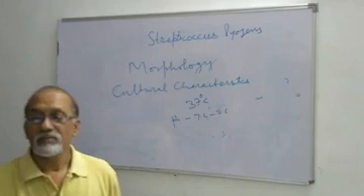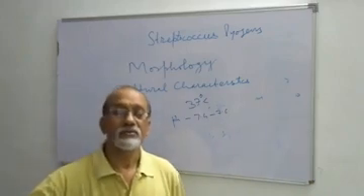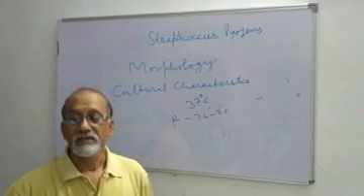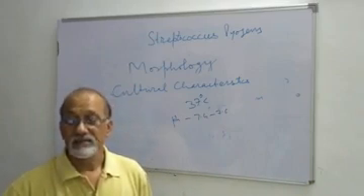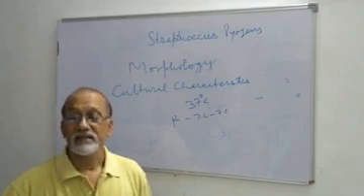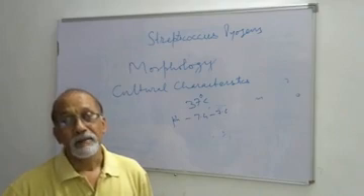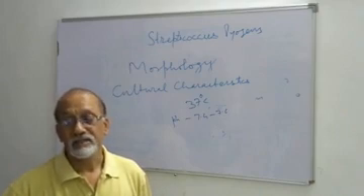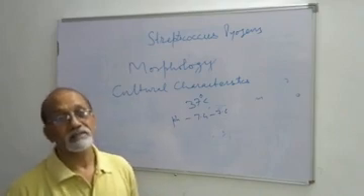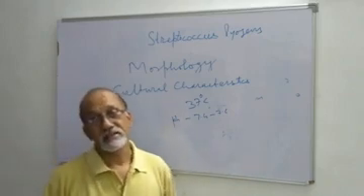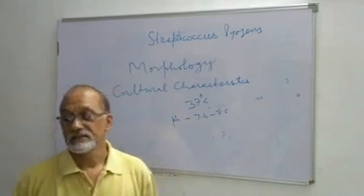There are so many different media used for growth of Streptococci. One is blood agar, second is crystal violet blood agar and PNF medium, and next is liquid media. So these are the media in which we try to culture or isolate these Streptococci.